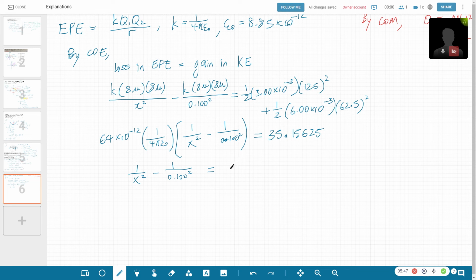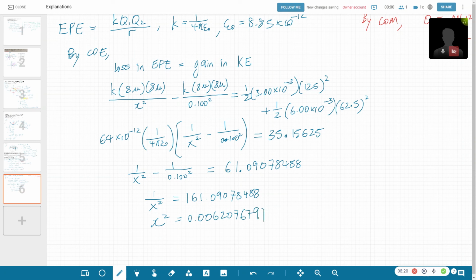So the 10 power minus 12 sort of cancels out. I get 61.09078488. So 1 over x squared, plus 1 divided by 0.1 squared, which is 100, gives 161.09078488. So for x squared, just inverse that, 0.0062076797.